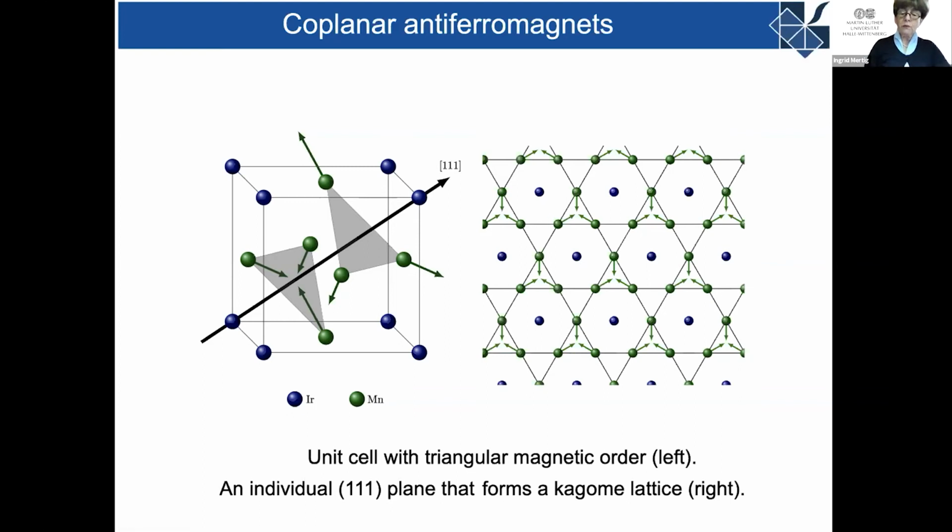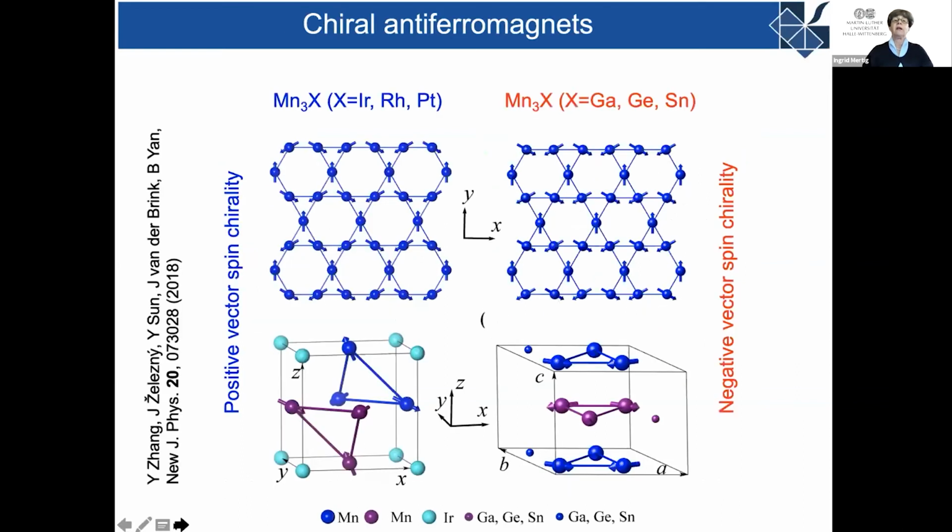And there are different chiral antiferromagnets. There are the ones with positive vector spin chirality, which is Mn3IrRhPt, or with negative vector spin chirality, and this is Mn3GaGeSn. So these are the cubic systems, and these are the hexagonal systems.